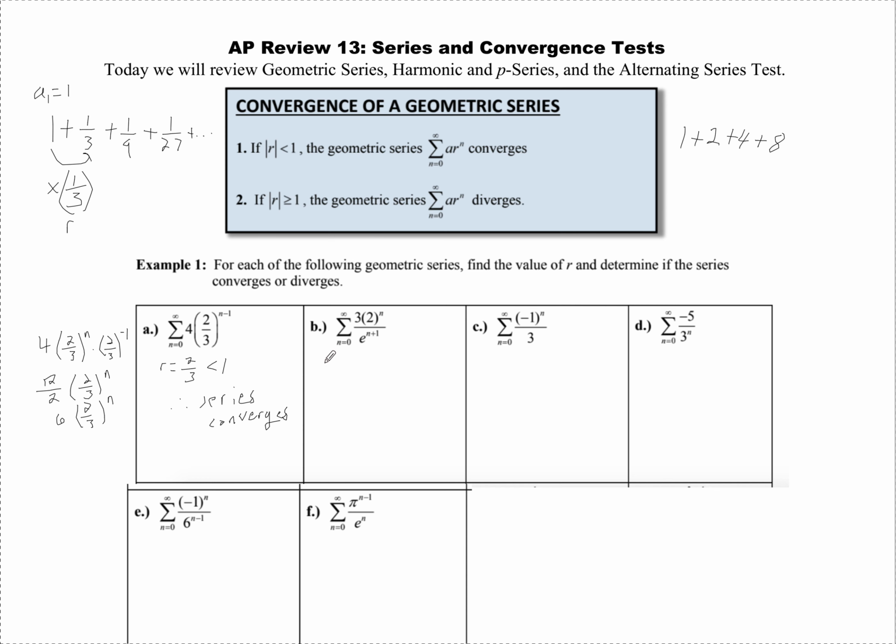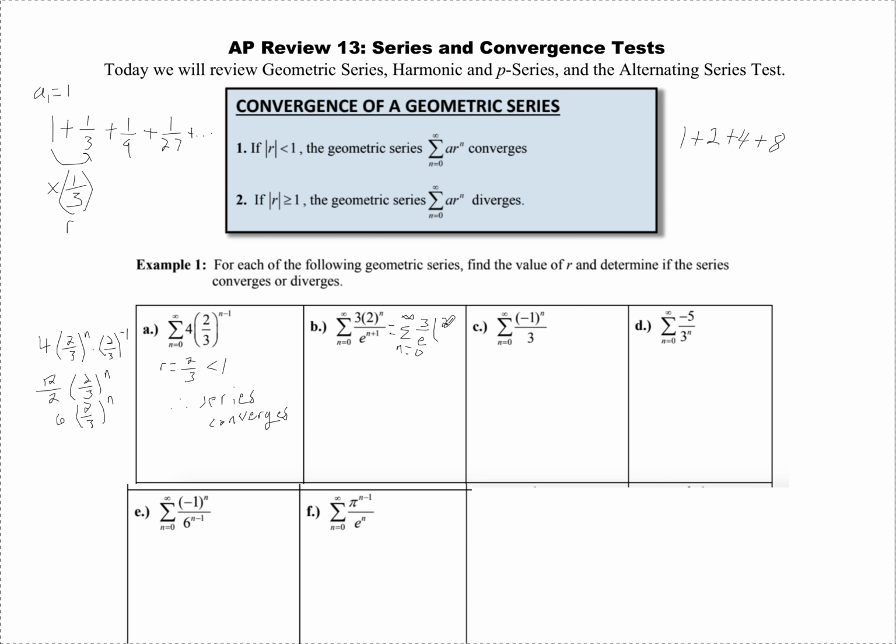This series is going to be equal to the sum from n equals 0 to infinity of, I have an extra plus 1 here. I want to try to get these two things, e and 2, to have the same power. So let me take out the e to the 1. That'll be 3/e to the 1. I'm moving the e to the 1 underneath the 3 since it doesn't have a power.